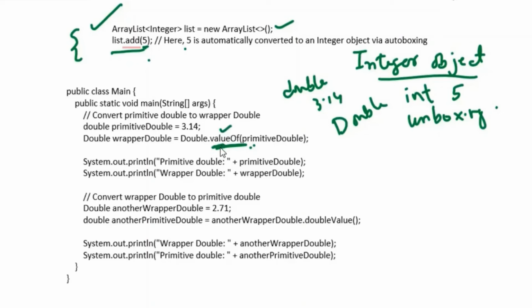So what is the purpose of using the valueOf method? The valueOf method basically converts a primitive double value into the corresponding wrapper class Double.